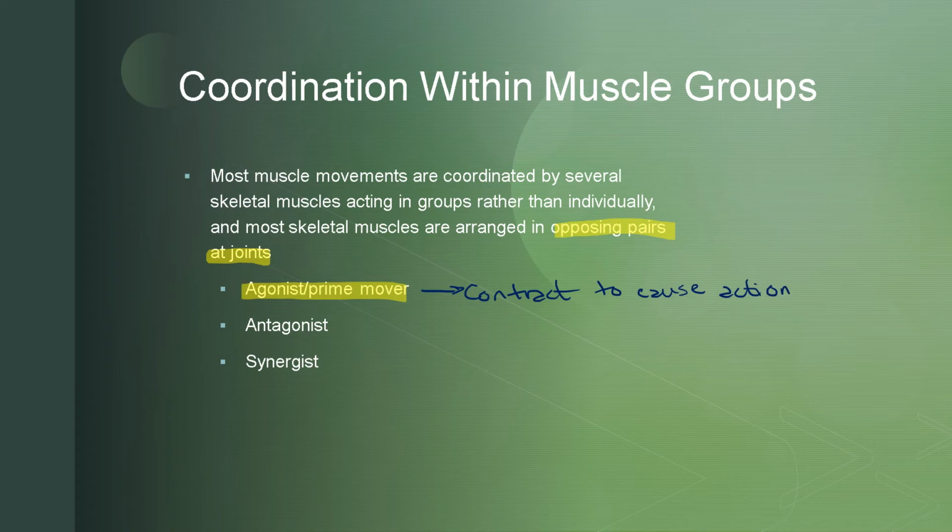While the other muscle, the opposing muscle, which is called the antagonist, is going to stretch and yield to the effect of the prime mover.